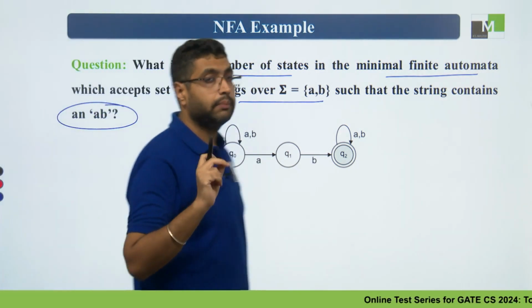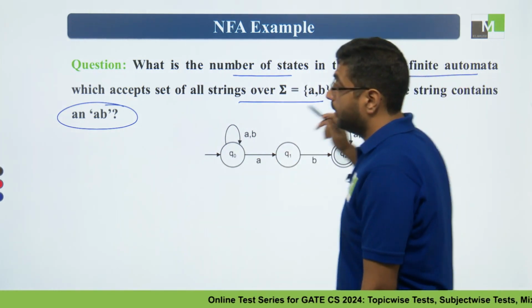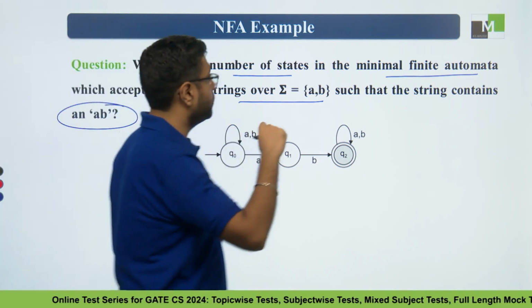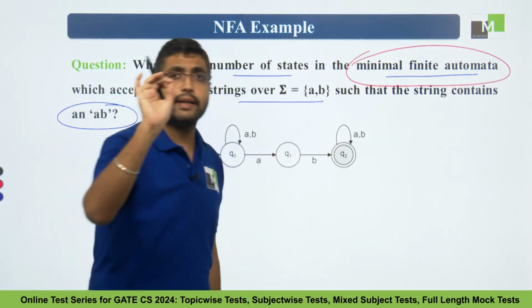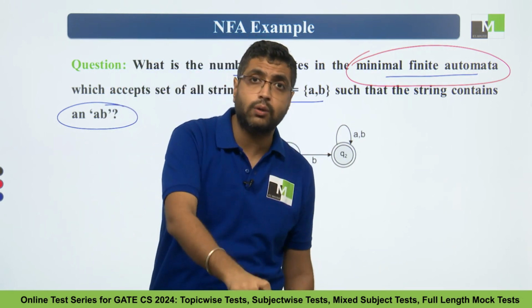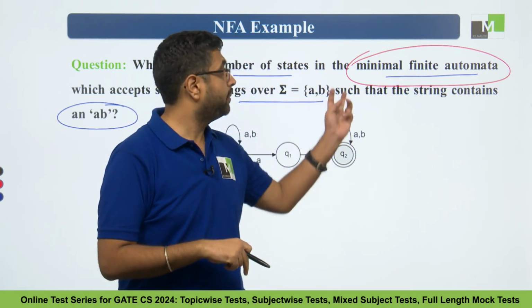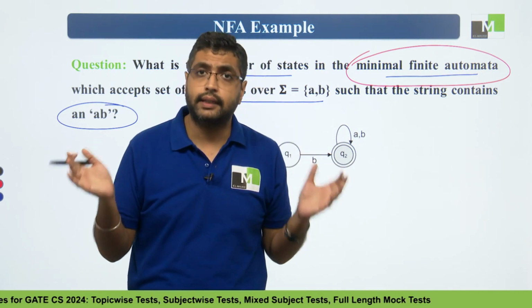This is very important to see here, this keyword: minimal finite automata. When it is said that you have to draw the minimal finite automata, you should always draw the NFA but not the DFA. Why? Because we already know NFAs are more succinct than DFAs. So when it is said minimal finite automata, you will make an NFA, not a DFA.